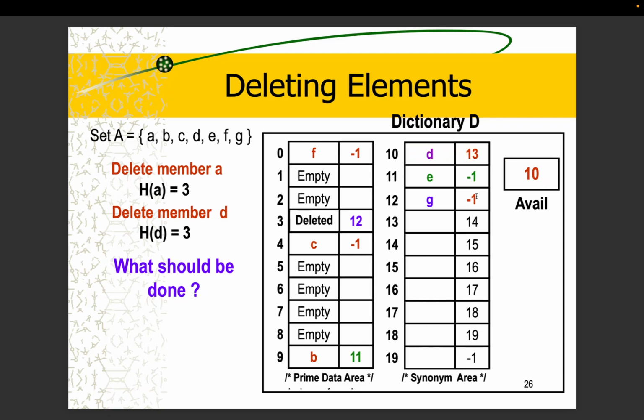So to insert H, let's say H is supposed to be at 9, what you can do is insert H here, update avail to be 13, update this to be 11, and you have inserted H.